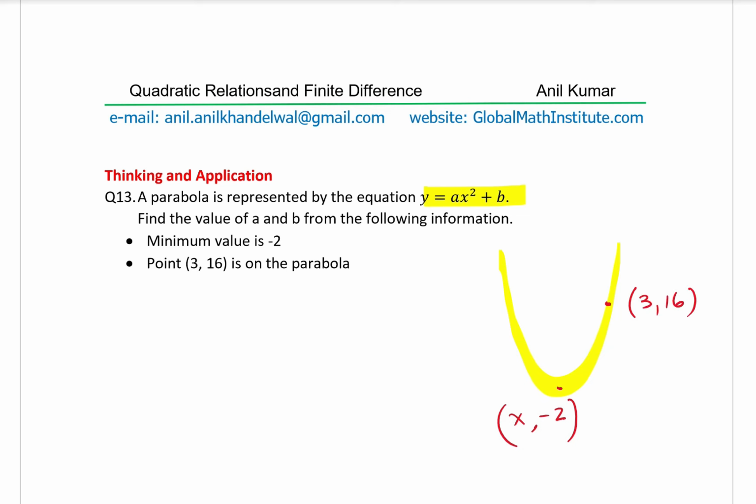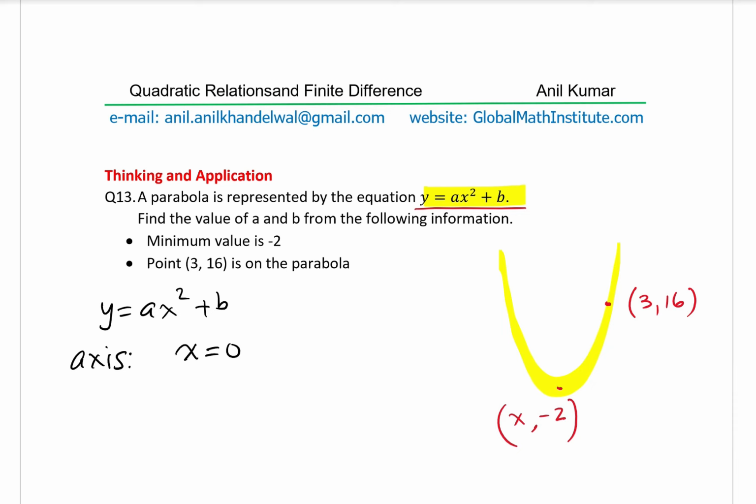Now it says find the value of a and b. How will you find the value of a and b? Let's try to understand the equation, which is y equals ax squared plus b. For this equation, what is the axis? Well, the axis is x equals 0.